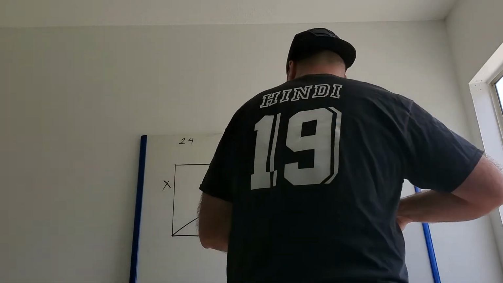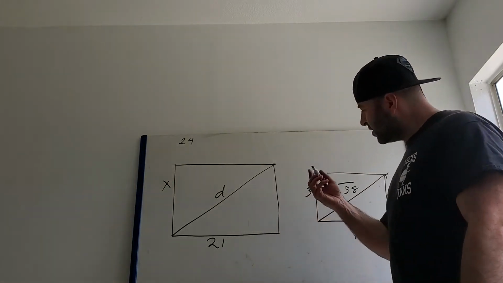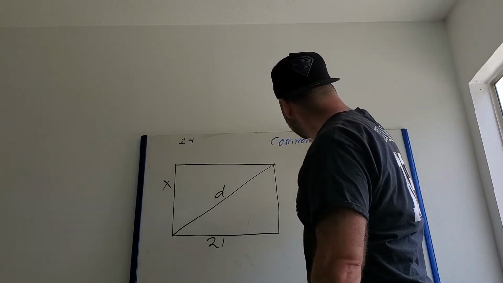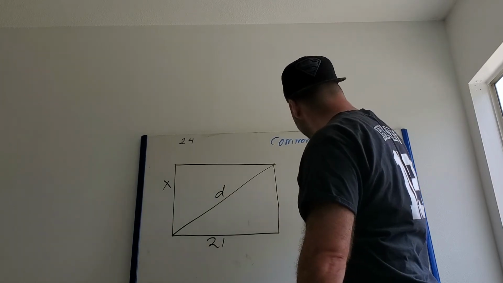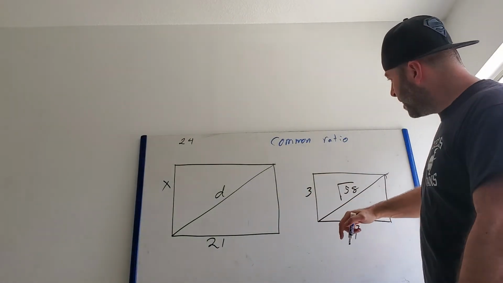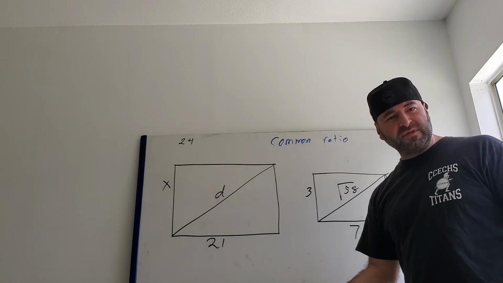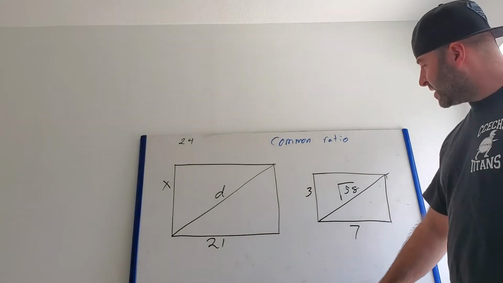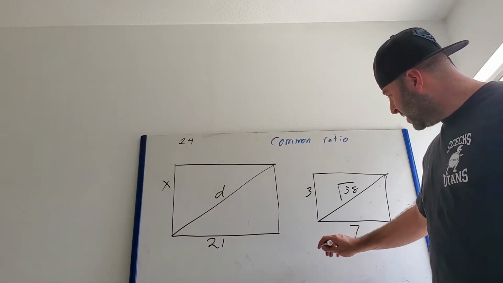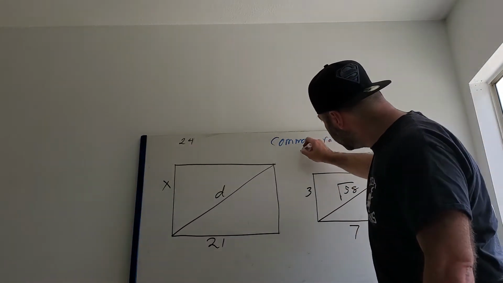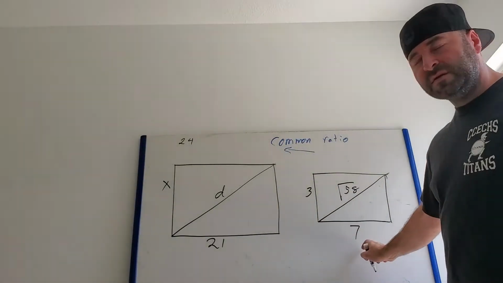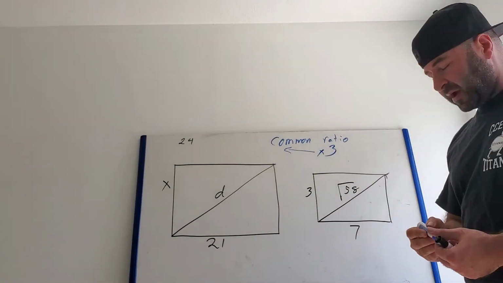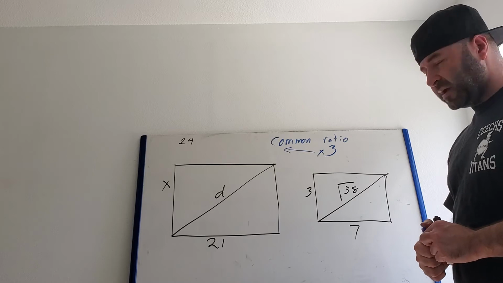There's only 2 sides that we have, 2 corresponding sides that have actual numbers and not variables. 7 and 21. So that means that going from smaller figure to the larger figure, we're going to multiply times 3. So my common ratio is 3.